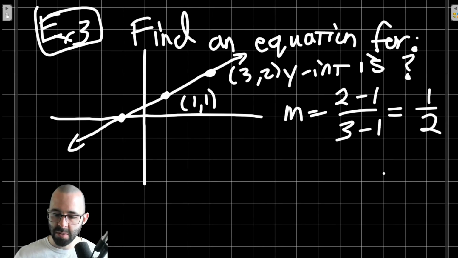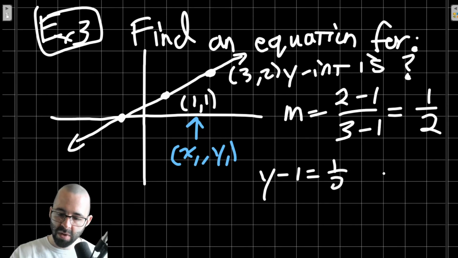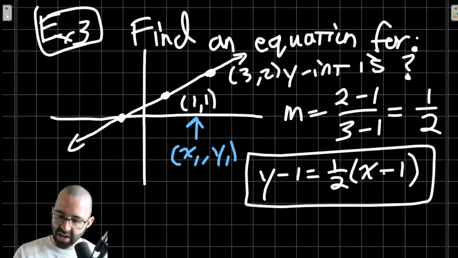And then we're just going to choose a point. Let this guy over here be our (x1, y1), and we'll just plug it into point slope form. y minus y1, which is 1, is equal to our slope, 1/2, times x minus x1, which is also 1. And this is a perfectly good, acceptable final answer.